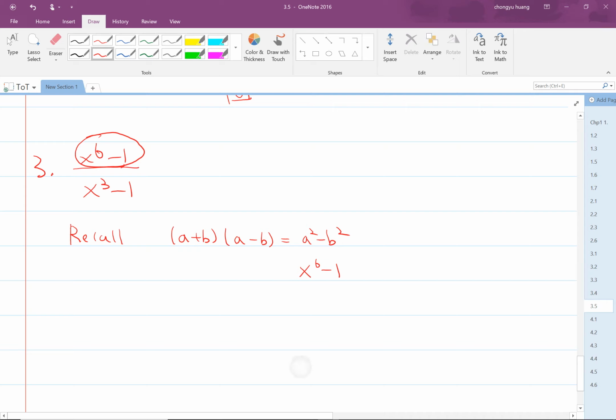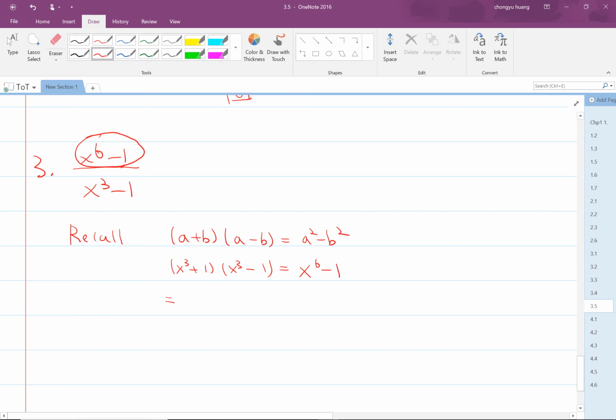And you can see we can use this property. X to the power 6 minus 1 is equal to x to the power 3 plus 1 and x to the power 3 minus 1, right? Let me verify it.